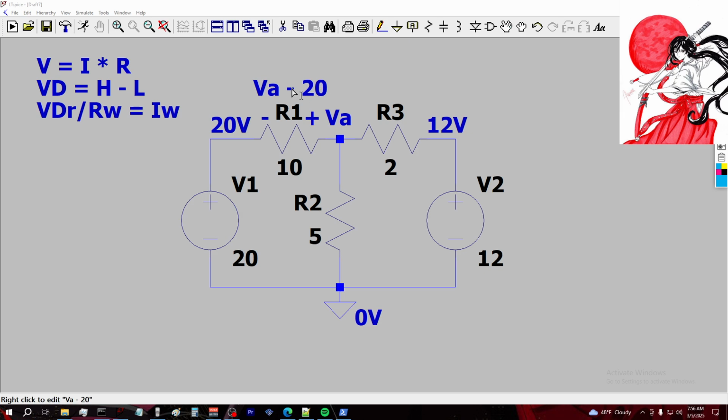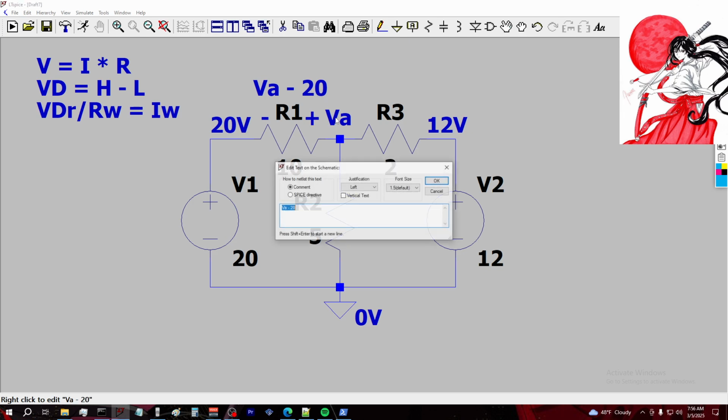So let's do that real quick. We did the voltage difference across the resistor, divided by the resistance of the wire, which is 10, of this entire wire right here. The resistance of this entire wire right here is 10 ohms, so we have a 10 ohm resistor on it. We're going to divide that, and that's going to give us the current of this wire. So let's do that.